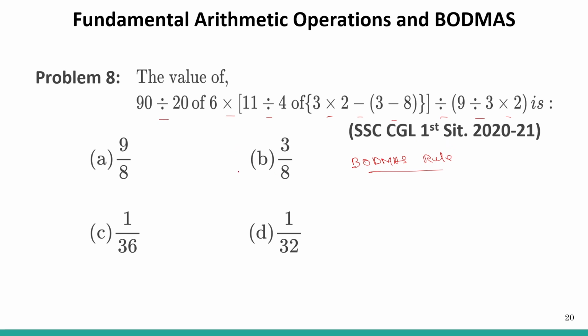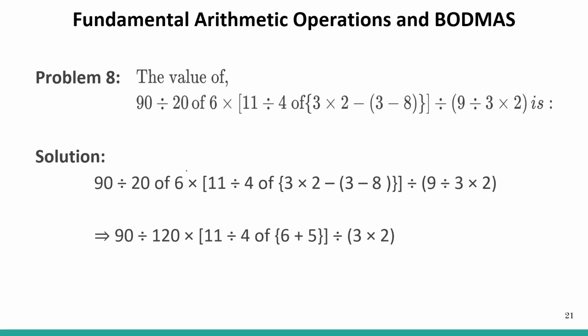So let's evaluate this. 90 divided by 20 of 6. Of implies 20 into 6, of implies multiplication. Then we are left with this algebraic form.